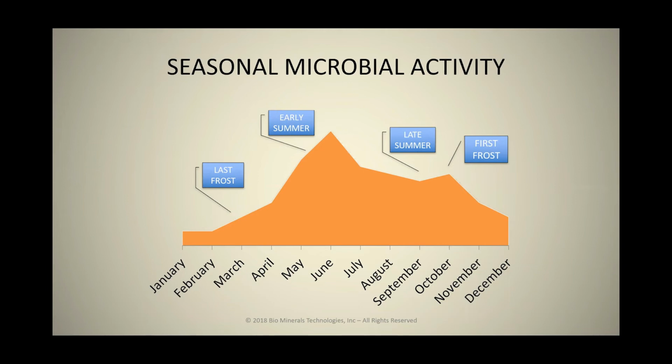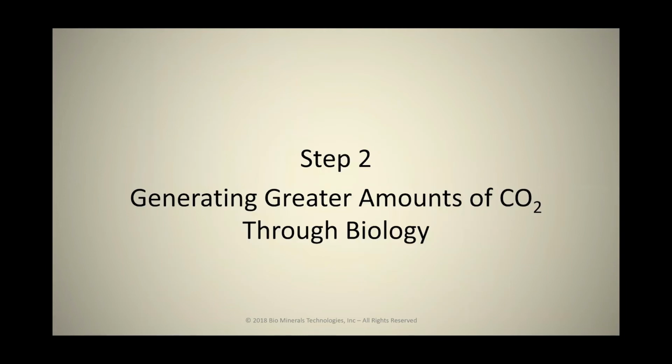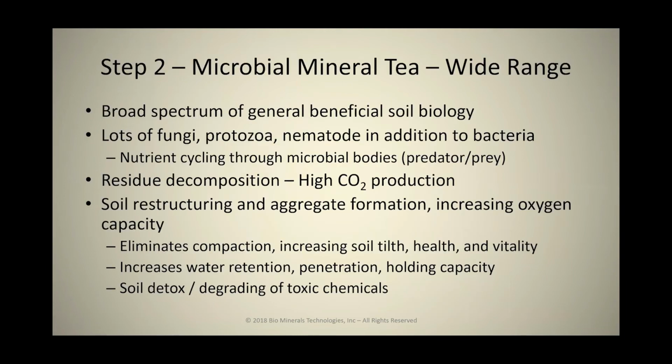It needs to be happening at the same time, generating greater amounts of CO2. This is the broad spectrum general beneficial microorganisms. We're going to put out a lot of fungi, protozoa, nematodes into the soil environment to create massive amounts of CO2. And these aren't like the seed treatment.